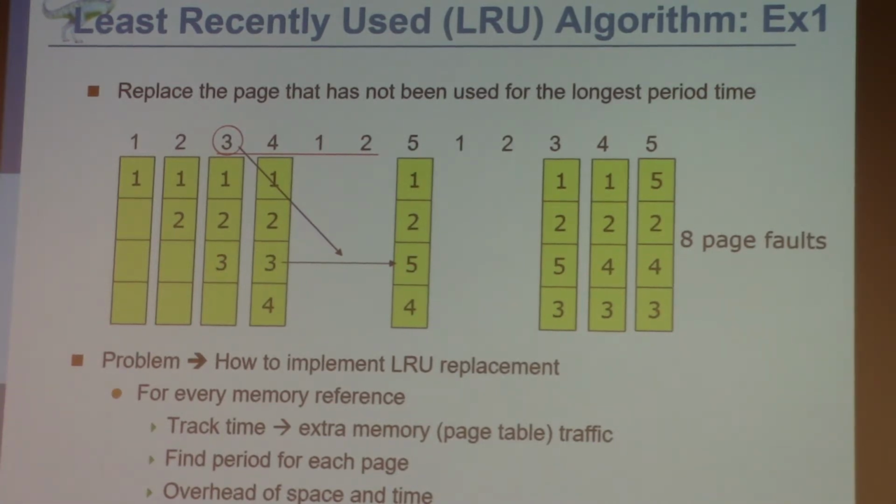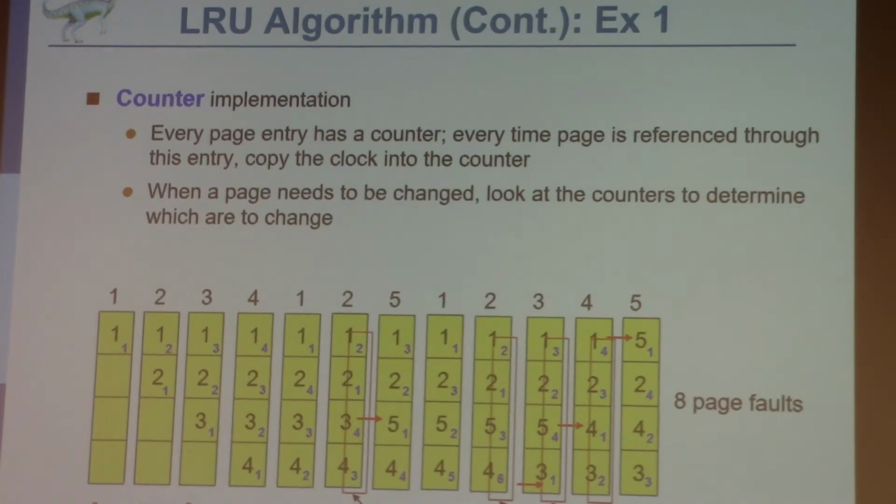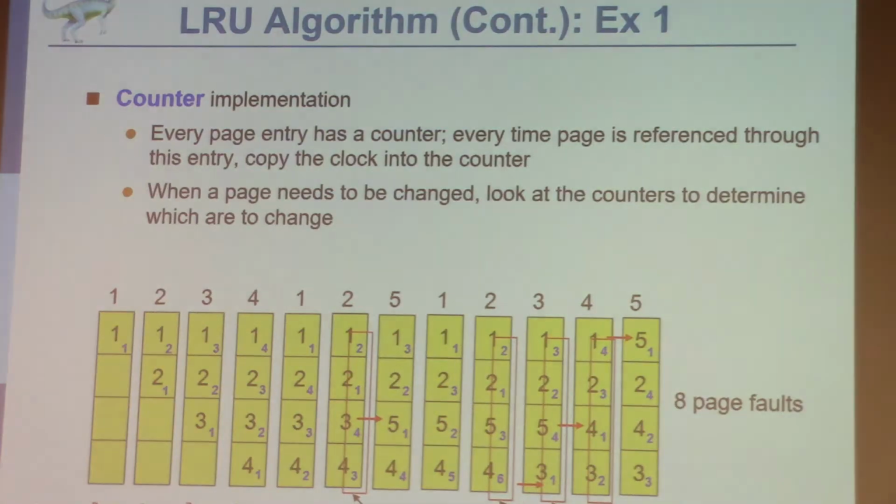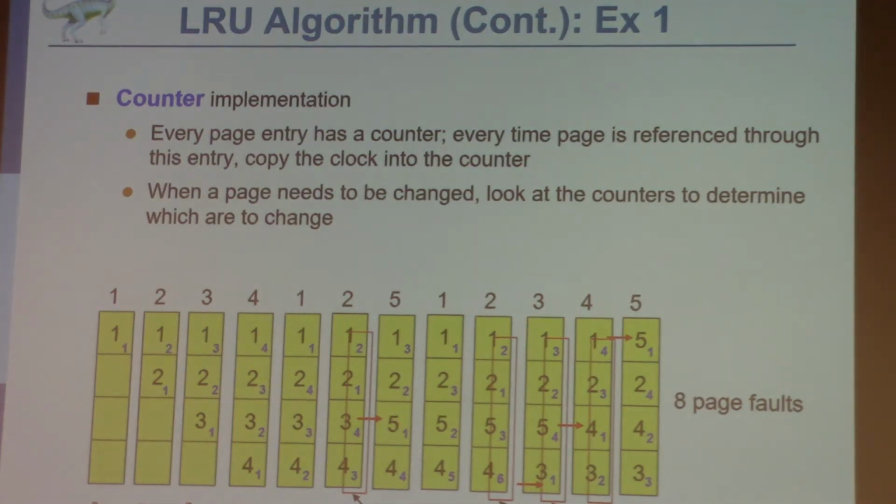So I'm going to introduce 2 approaches, but there are many other variations to implement the LRU algorithm. One of them is using a counter. What is a counter? Do you remember, the computer actually does not have real time. So how does the computer show the real time, like 10 a.m. or 9 a.m., January 1st, whatever?